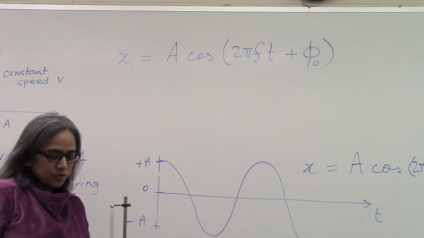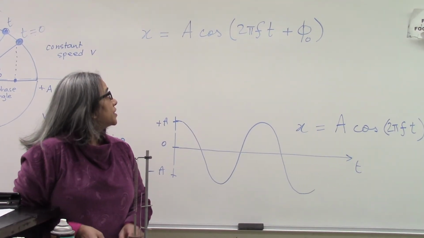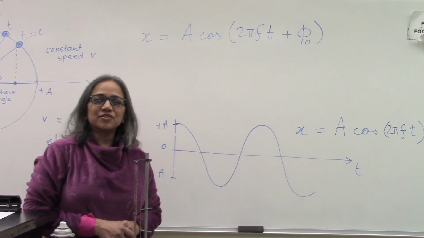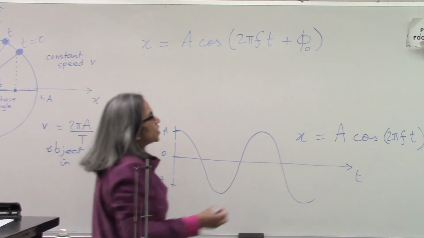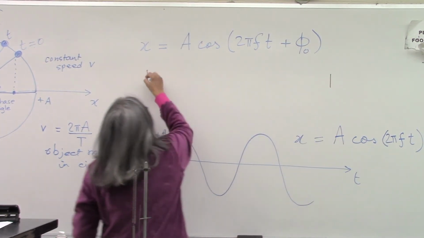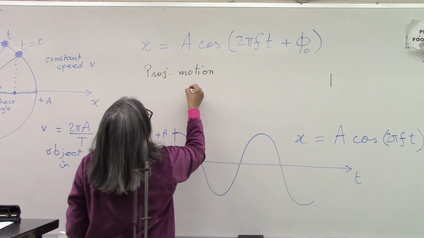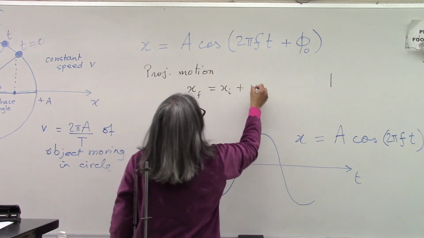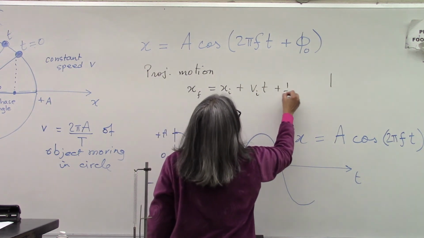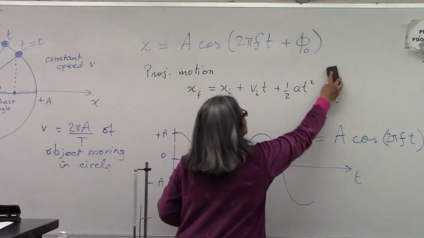And before we stop, I just want you to think about a couple more things. This is analogous to the equation we found for the projectile motion case, where we had, if you remember, x f equals x i plus v i t plus half a t squared, which gives us predictive power.